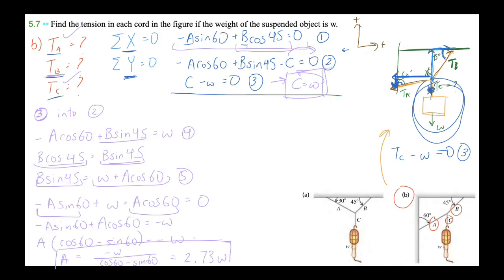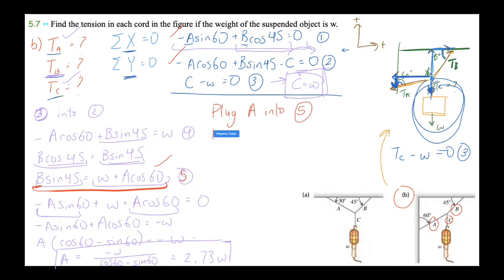We can plug it into here, here, or here. I say let's plug it into here because B is already almost isolated. We just have to divide both sides by sine 45. So this just seems like the easiest. So let's plug A into 5.